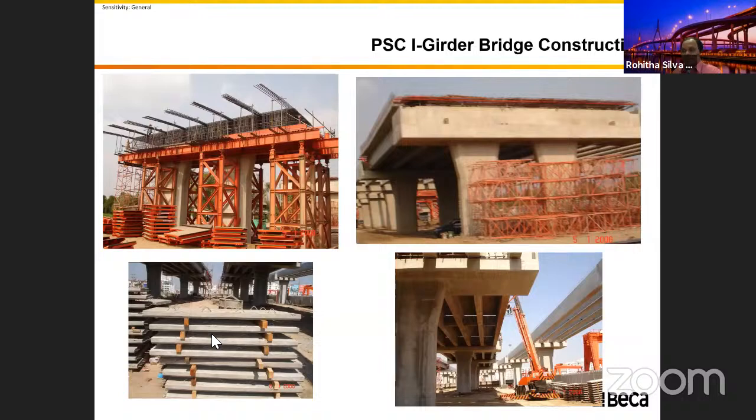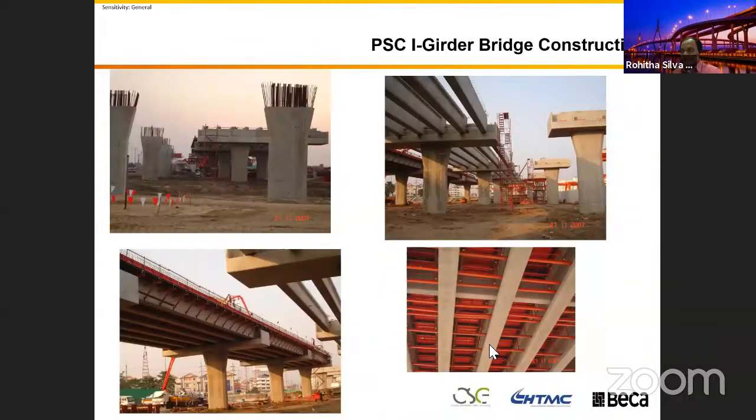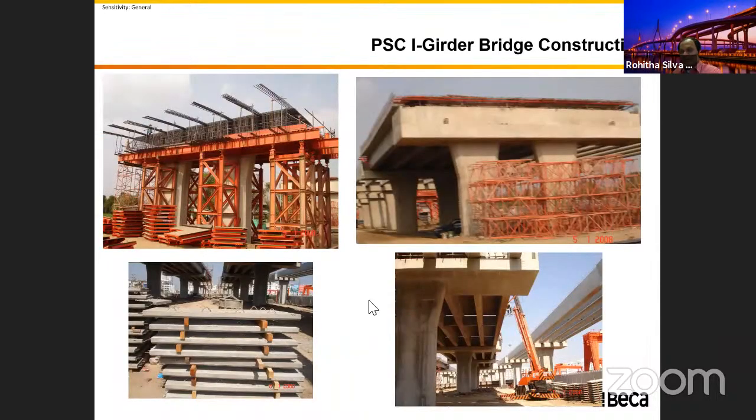You know the reason: when we started constructing this 15-kilometer long bridge, we noticed that the construction of the slab using this formwork is really difficult. It's time consuming. Then we went back and redesigned the whole bridge with the plank.